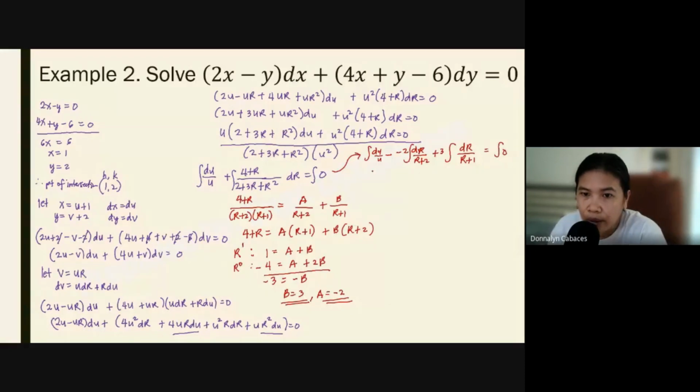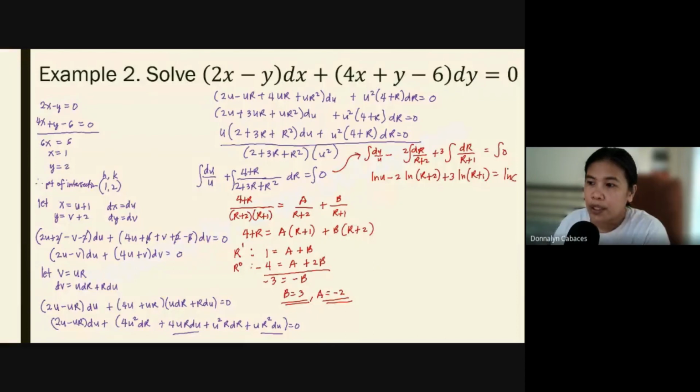So integrating now, you have ln of u minus 2 ln of r plus 2 plus 3 ln of r plus 1 is equal to ln of c.